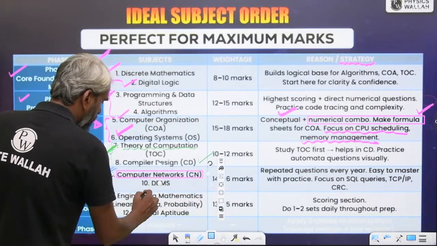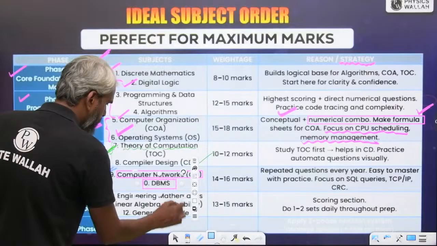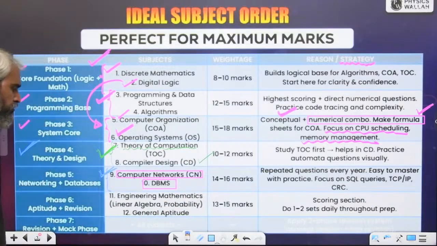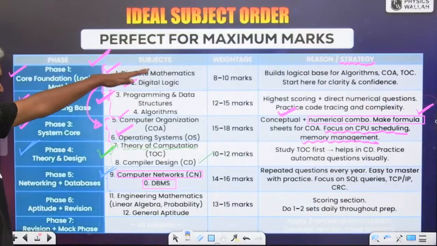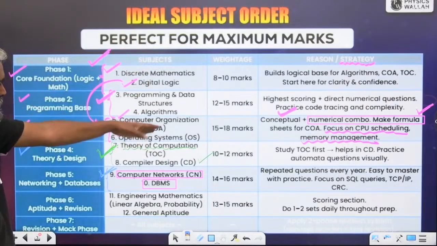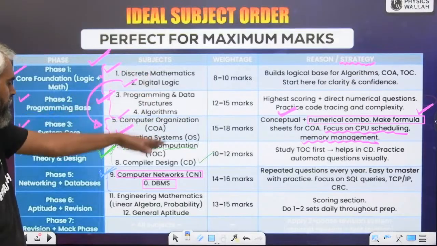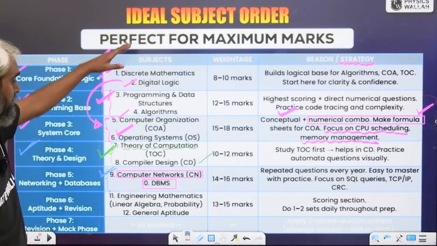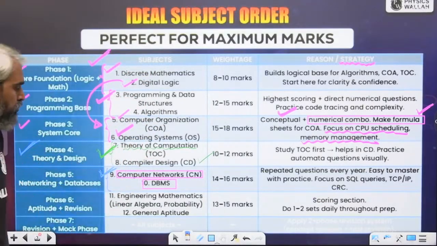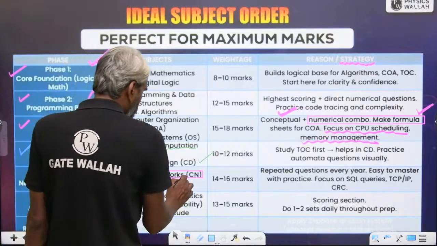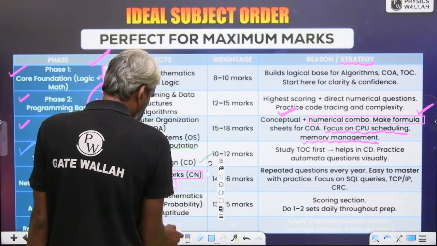If we talk about DBMS, it is also a standalone subject. These two do not have any prerequisite in terms of discrete mathematics, digital logic, programming and data structure, algorithm, computer organization, operating system, TOC, compiler design.